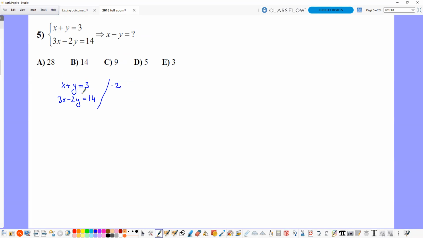The new equations are going to be 2x plus 2y is equal to 6, and 3x minus 2y is equal to 14.